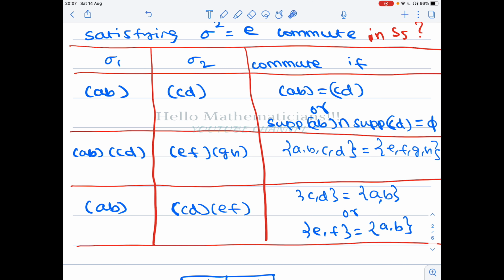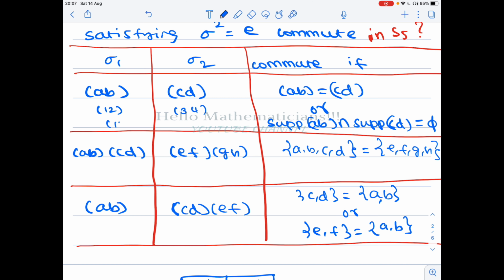you try to understand these conditions using various examples. So two cycles commute if they are disjoint. For example, (1 2) and (3 4) will commute.